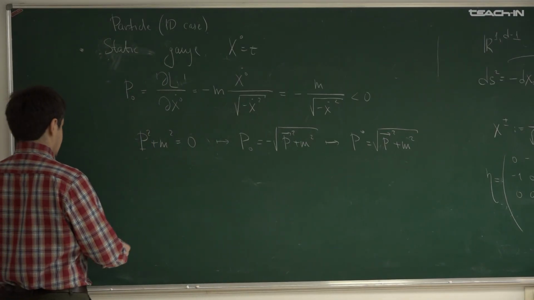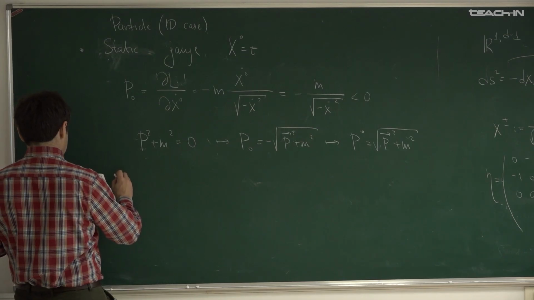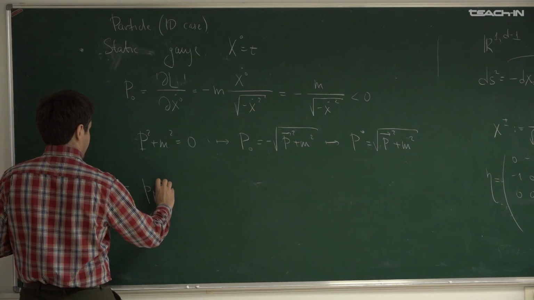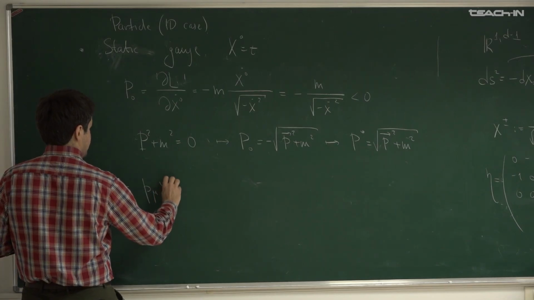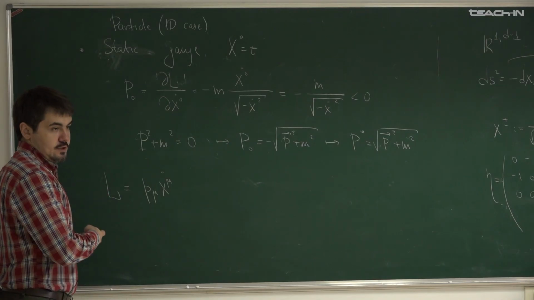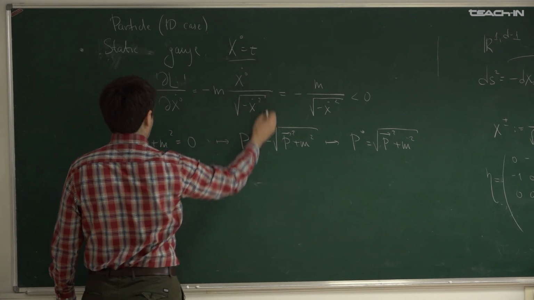And the Lagrangian we had here, if you remember, is just p mu x mu dot. Now we just substitute in here our gauge constraint, x0 equals tau.